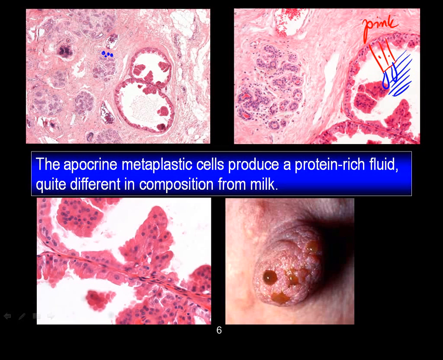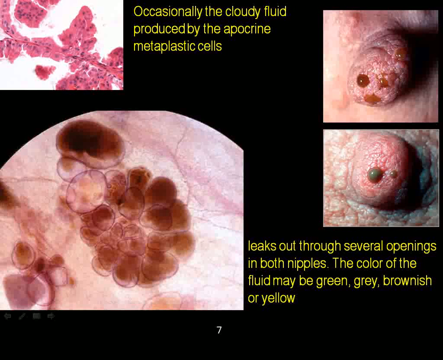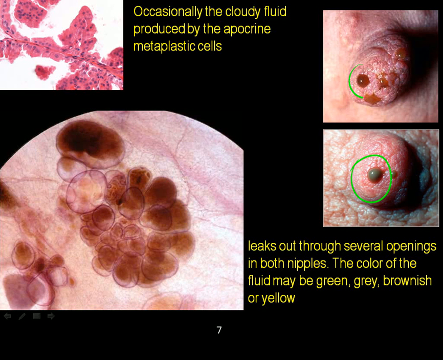And the ever-increasing pressure. One single acinus, this used to be so small, now it's so distended. There will be a distension. And unfortunately, this ugly fluid can come out to the surface of the nipple, either spontaneously or it can be squeezed out. And I don't think that there is any woman in the world who likes to have these greenish, grayish, cloudy, ugly fluid, which actually comes from these cystic dilatations of the acini.